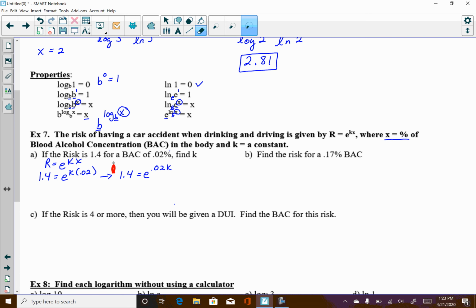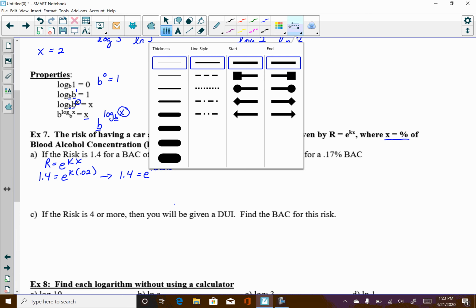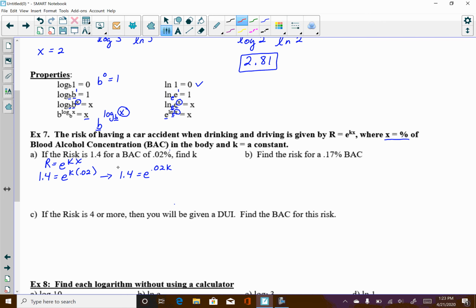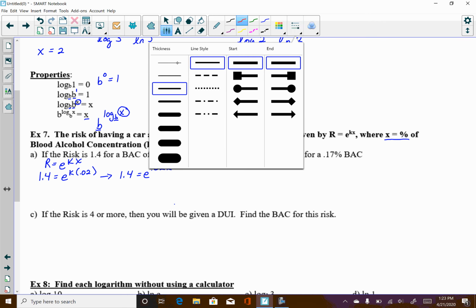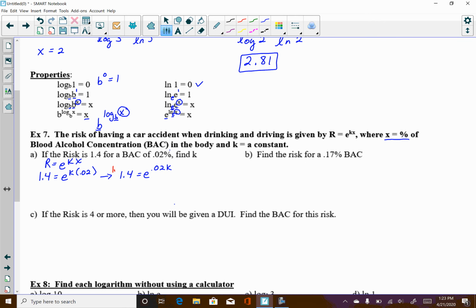The natural log of 1.4 is just some number, so I'll leave that as natural log of 1.4. But on the right-hand side, this is natural log, base e, of e to a power. They cancel out, and it just leaves me with what's in the exponent, the 0.02k.